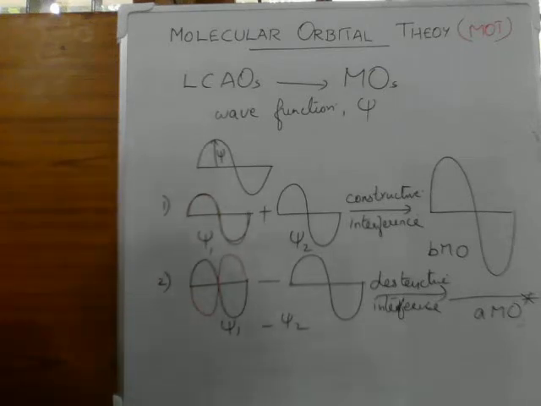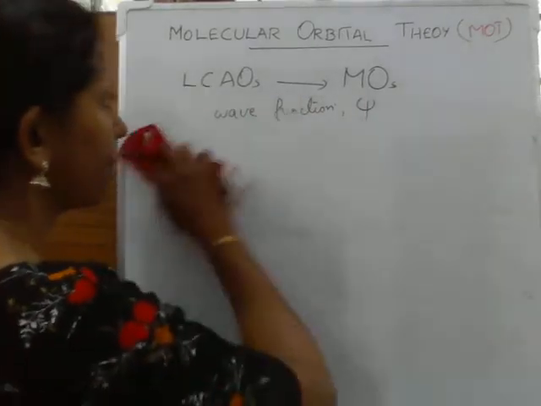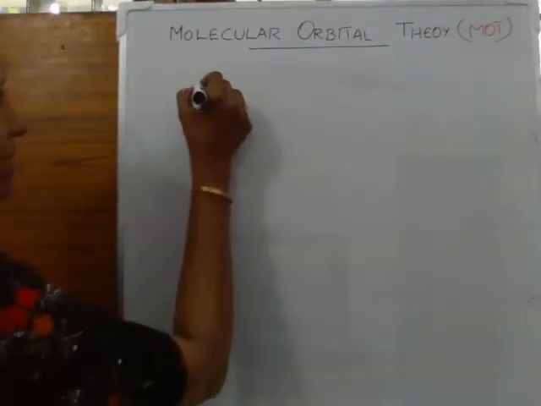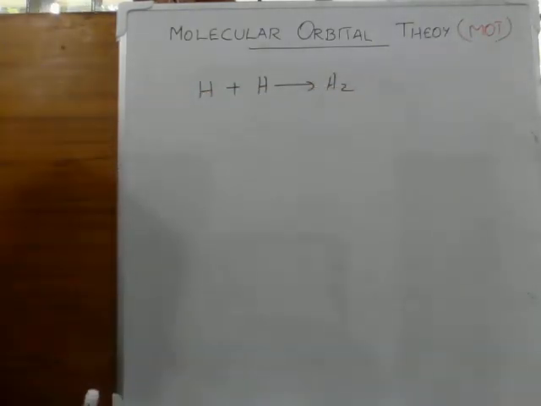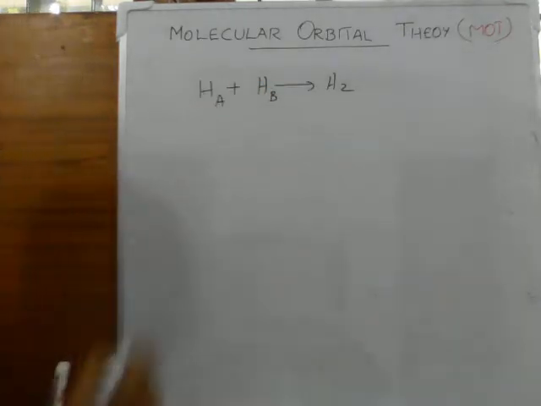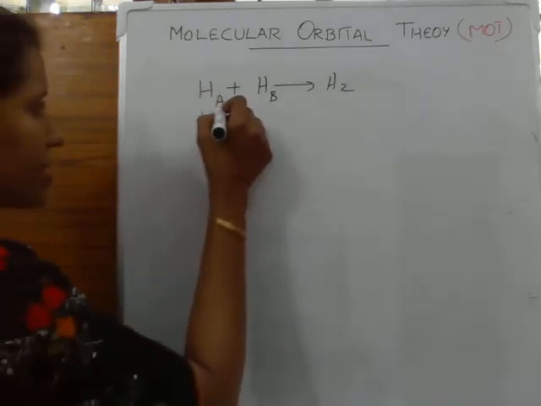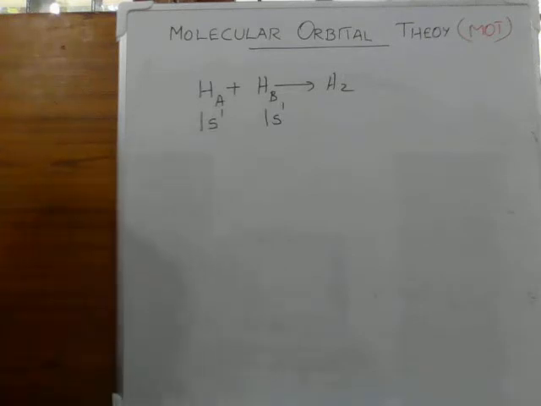Let us explain this with the help of hydrogen molecule. Two hydrogen atoms combine to form H2 molecule. Let us name the hydrogen atoms A and B. Each hydrogen atom contains a 1s atomic orbital with 1 electron, 1s1 electronic configuration.